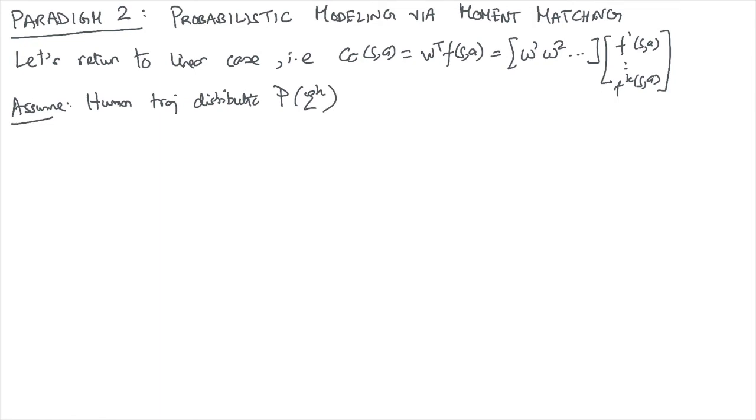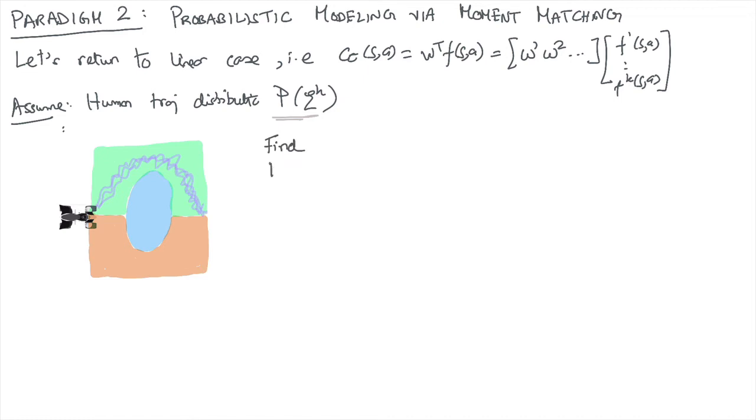Instead, we're going to assume that they are drawing trajectories from an unknown human distribution, right? So if you take a look at that pathological example, we're going to assume that the expert is just giving us samples from this sort of unknown distribution, right? Our goal will be to find such a distribution.